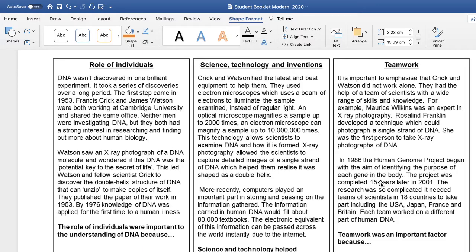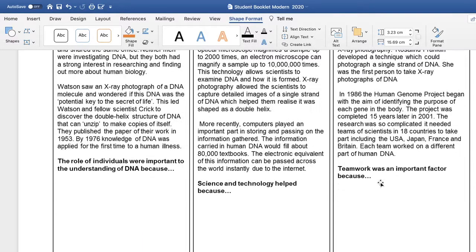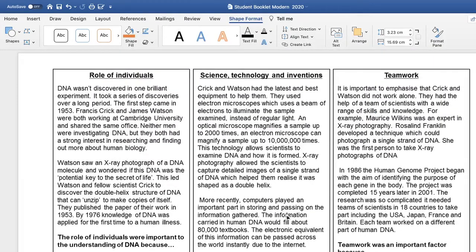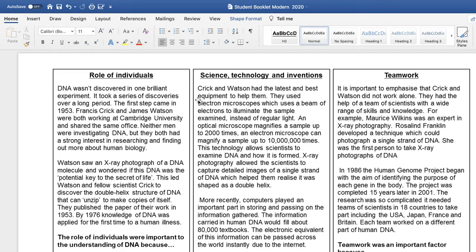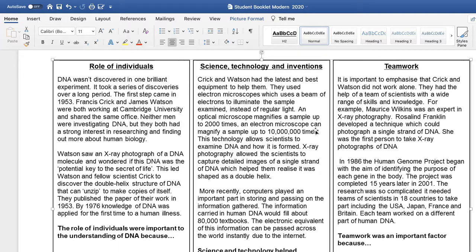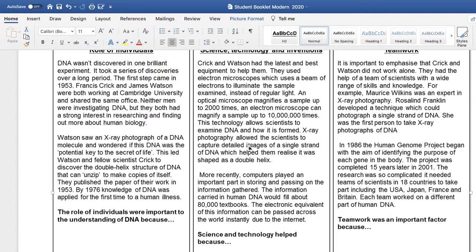So I want you to read through it, highlight any key information, and then explain to me why it's so important. So I'll do science and technology with you. Crick and Watson had the latest and best equipment to help them. They used electron microscopes, which use a beam of electrons to illuminate the sample examined instead of regular light.